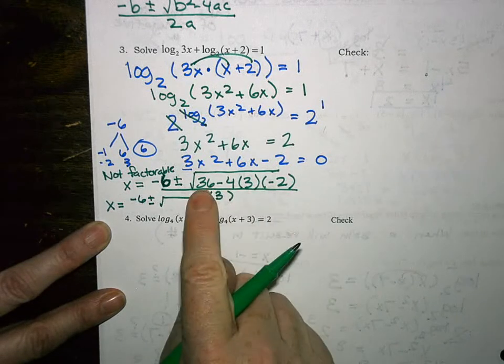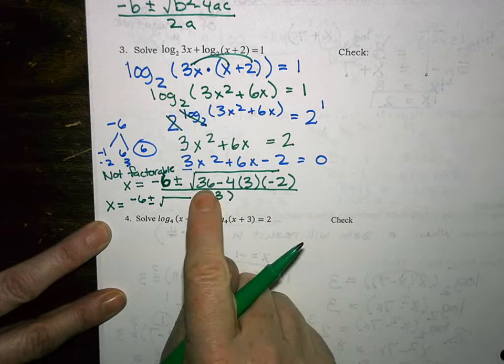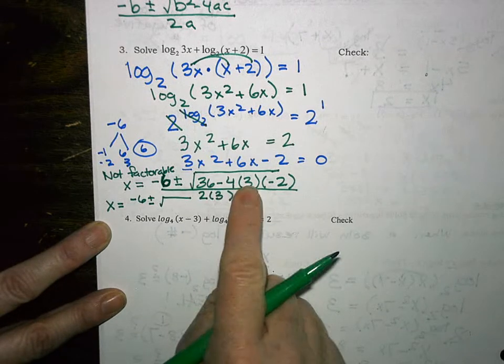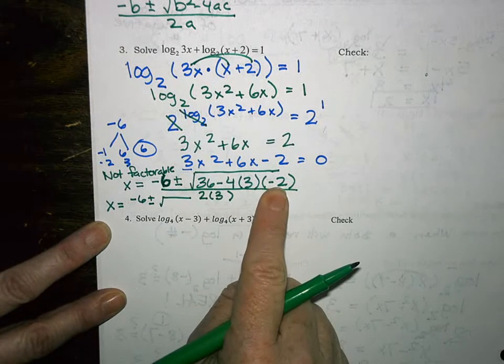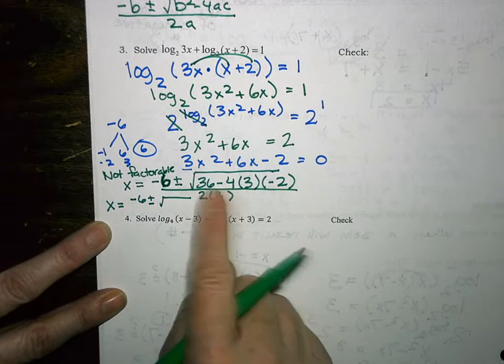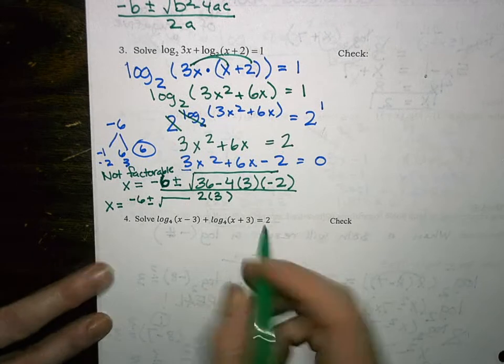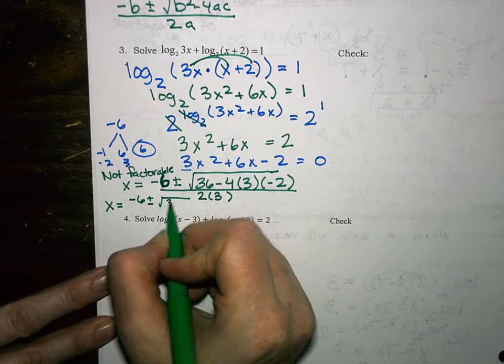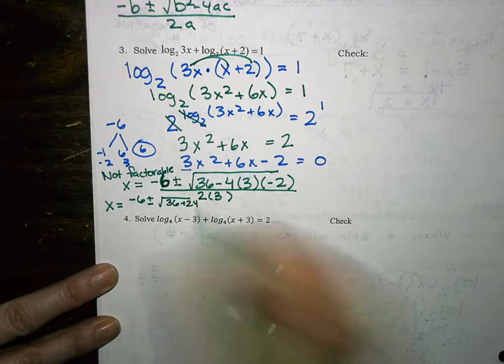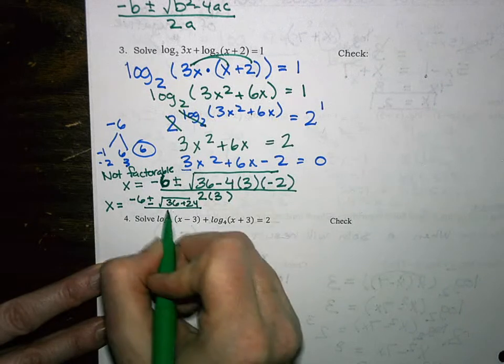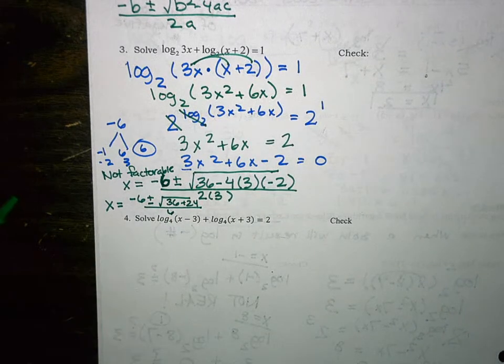Now, you have two negatives here, and a negative times a negative is positive, so this is going to be added to 36. So I've got -12 times -2 is positive 24. 36 plus 24 is 60. So that's the square root of 60, all over 6.